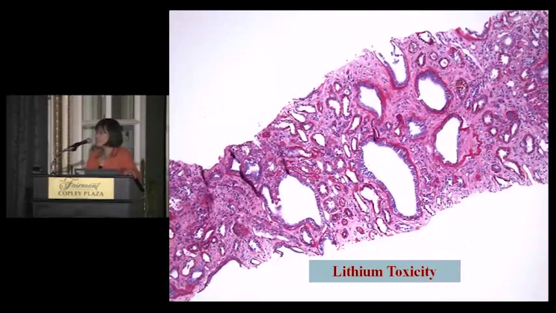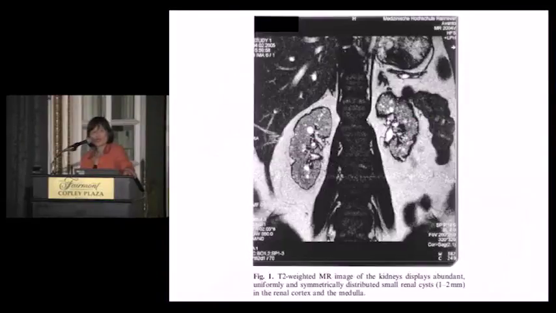However, the most sensitive way to make the diagnosis, because we don't usually do a kidney biopsy when a patient is taking lithium chronically, is radiologically. When you do an MRI, you will see multiple microcysts, and those cysts are usually pretty uniform in size. Okay, so that's the pattern.